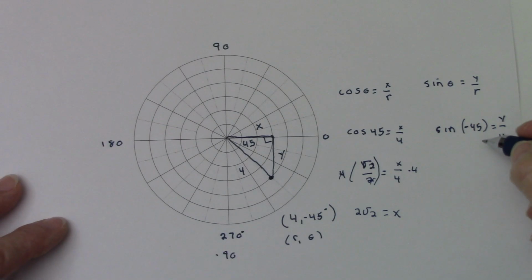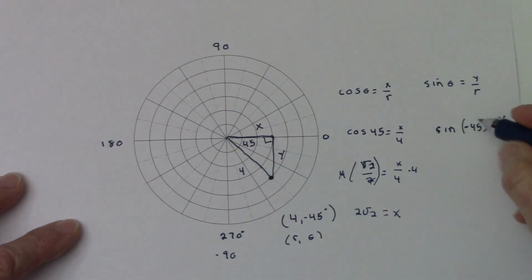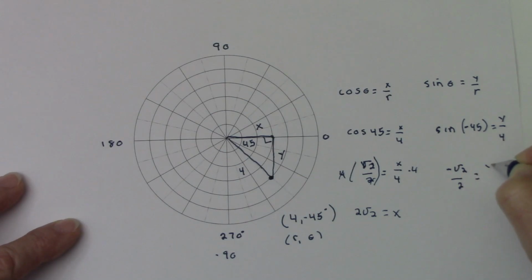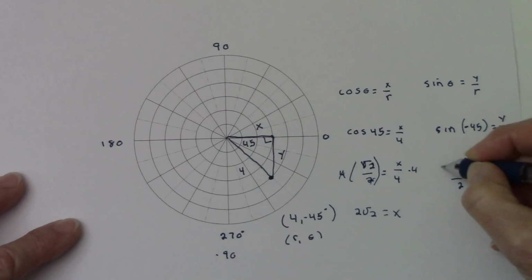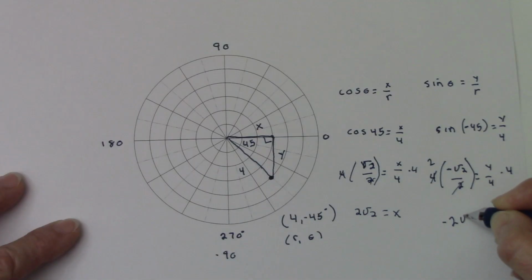So the sine of negative 45 degrees, we can see because it's going down, it's going to have to be negative. So this is negative square root of 2 over 2 equals y over 4. Multiply both sides by 4, that cancels and leaves us with 2. So we get negative 2 square root of 2 equals y.